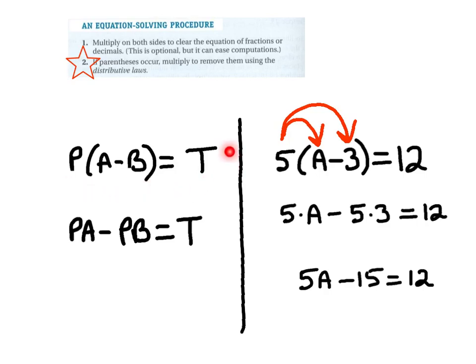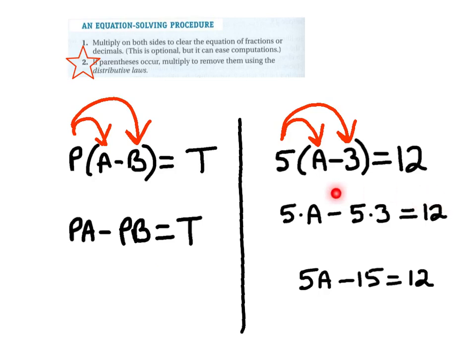Here, on the more complicated formula that we're trying to rearrange, we'll do exactly the same thing, except it's the variable p that we are distributing through the bracket. This leaves us with, instead of 5 times a, p times a. Instead of 5 times 3, p times b.